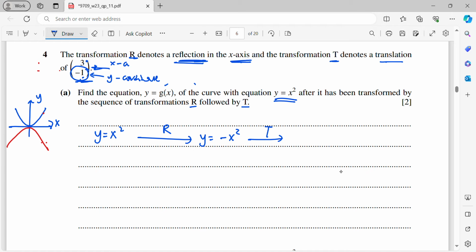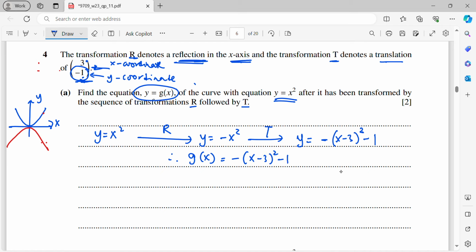Since you move the graph to the right by 3 units, the x now becomes x minus 3, then square it. Then you move the graph down by 1 unit, so minus 1. Therefore, your g(x), because y equals g(x) is the new curve, will be negative of (x minus 3) squared, minus 1. So this is the solution for A.